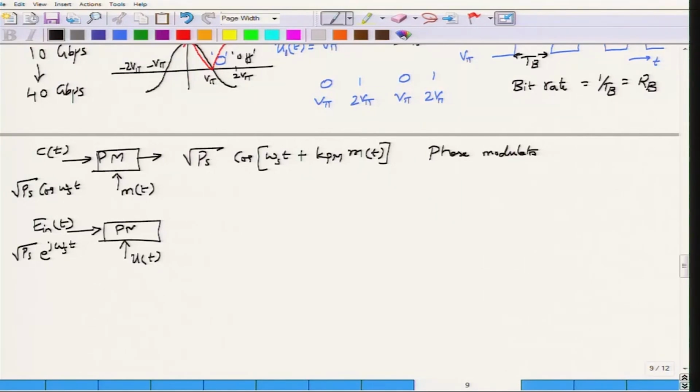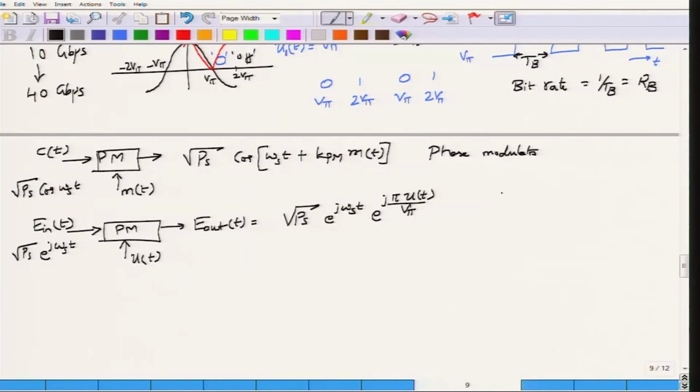For this phase modulator, the output electric field would be equal to the input electric field, which is square root Ps e to the power j omega st, and because you are sending in this u of t, your additional term that comes in because of u of t would be e to the power j pi u of t divided by V pi.